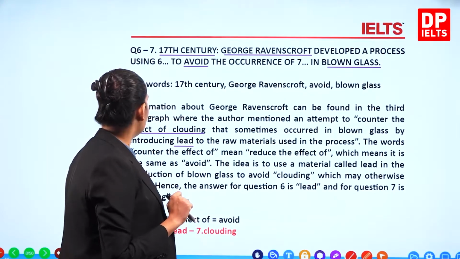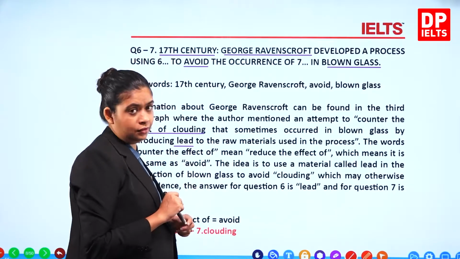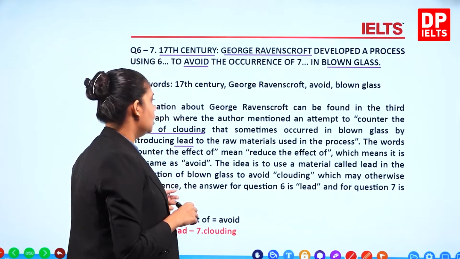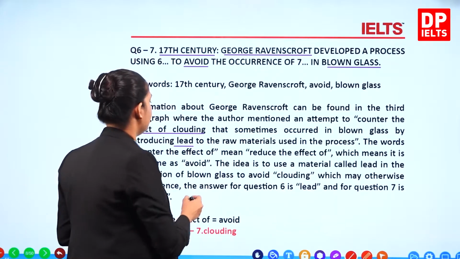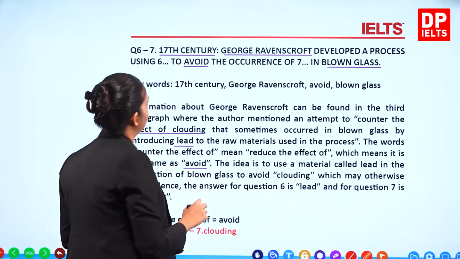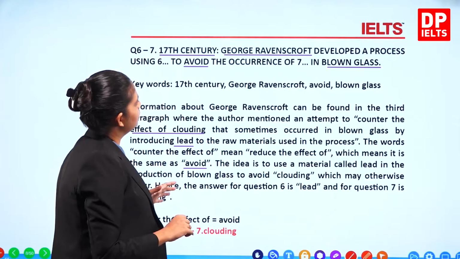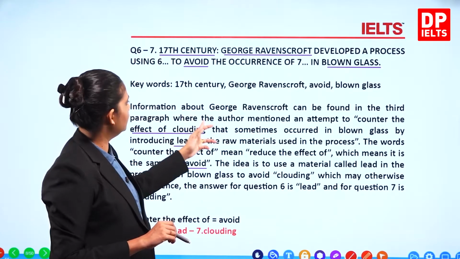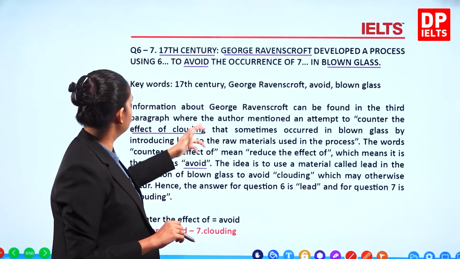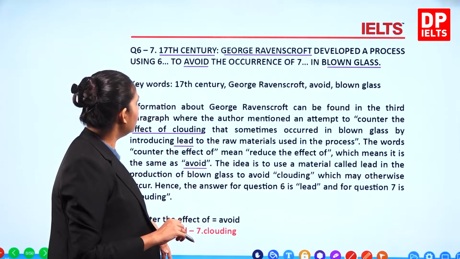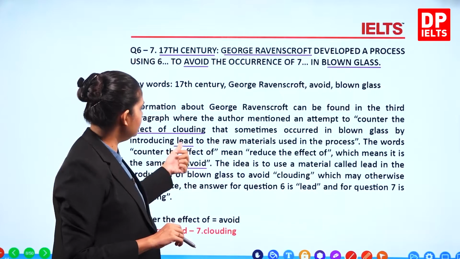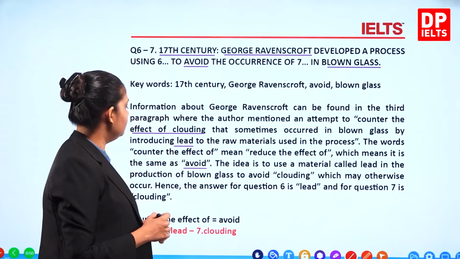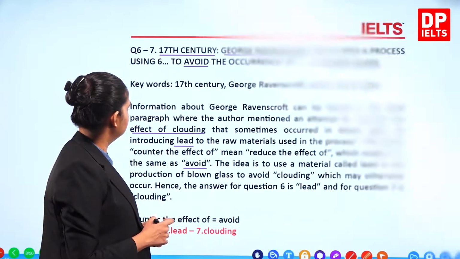The words counter the effect of mean to reduce the effect of, which means it is the same as to avoid, right? So 17th century George developed a process using what? He used clouding, right, to avoid the occurrence of lead in blown glass.